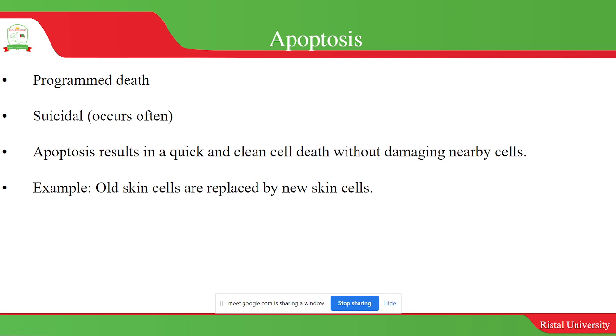For example, our skin has cells that peel off, that die off from our skin, but new cells are being formed. You can't really see that with your naked eye because these cells are dying in a programmed, normal way, and we can call it suicidal.